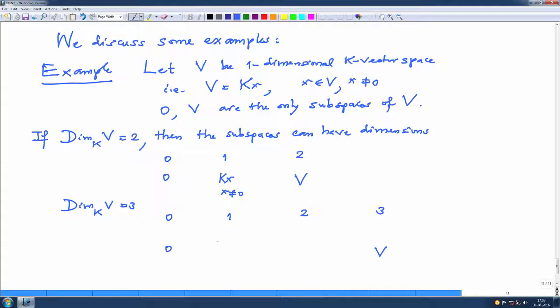Dimension 1 is generated by 1 element, it has a basis consisting of 1 element. So, it is like this, Kx, x non-zero. Dimension 2 case will have a basis consisting of 2 elements. So, if x, y is the basis of that, then it is of the form Kx plus Ky, where now x, y are not arbitrary vectors, they are linearly independent.